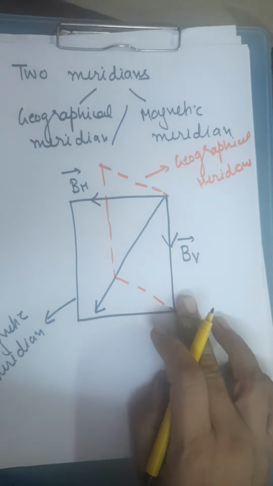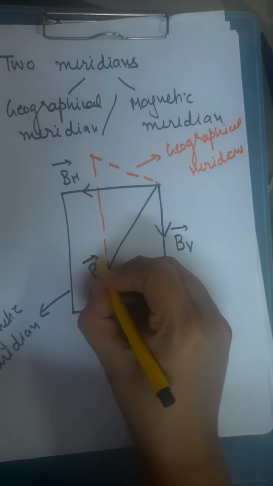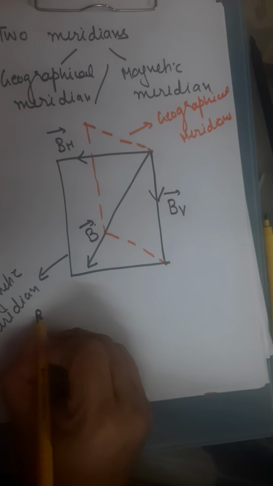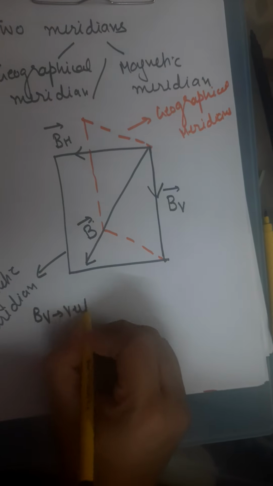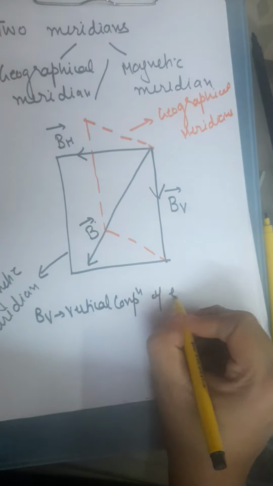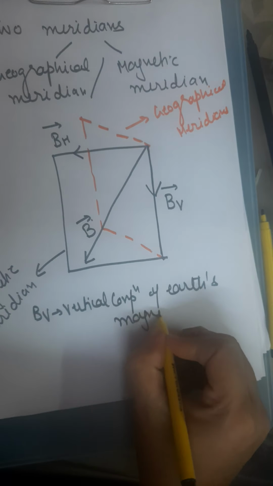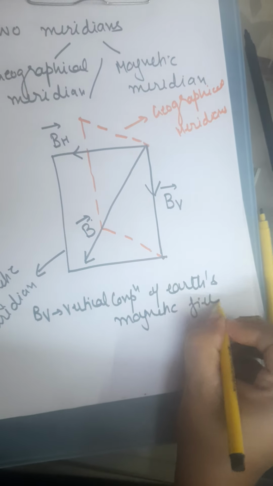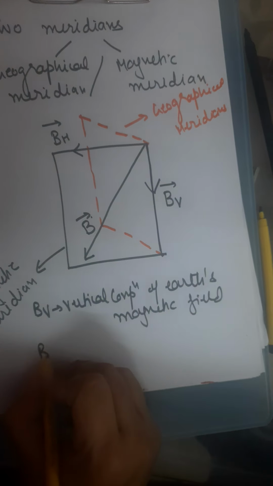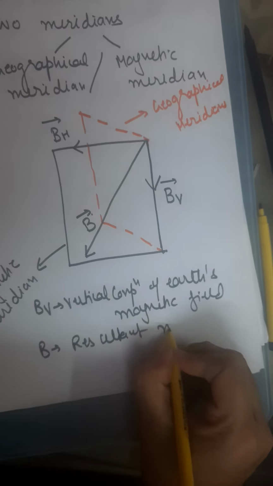So if one vector is going in this direction, other is going in this direction, then this is the resultant. Children, here BV is the vertical component of Earth's magnetic field, and this B is called the resultant magnetic field.